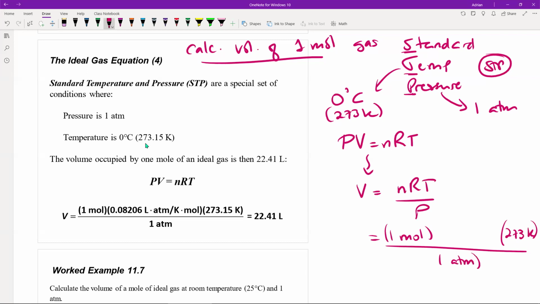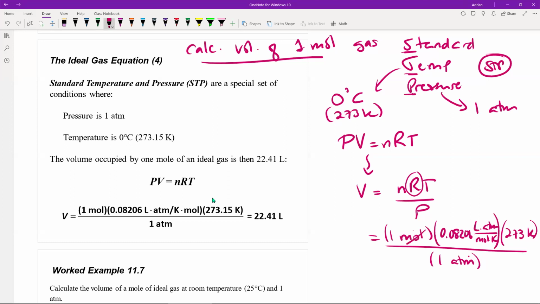And then we're going to use the unit for R that has moles, Kelvin, and atmospheres in it, and that is 0.08206. The units here are liter atmosphere per mole Kelvin.